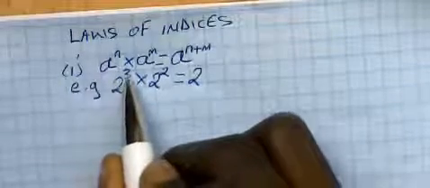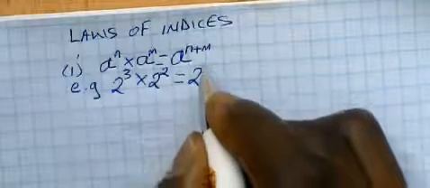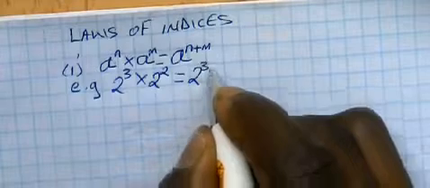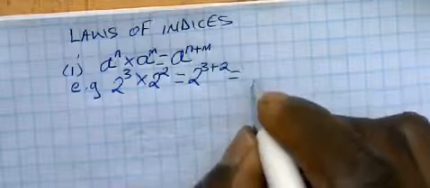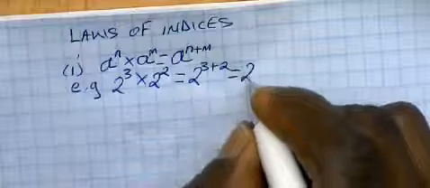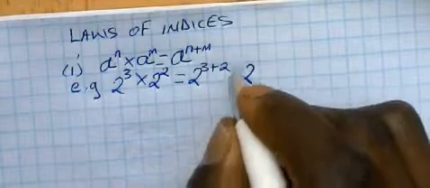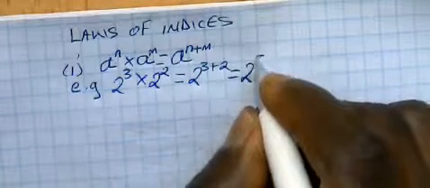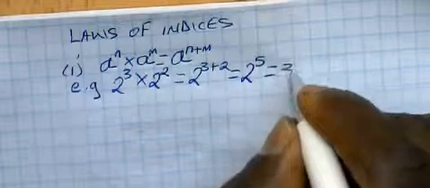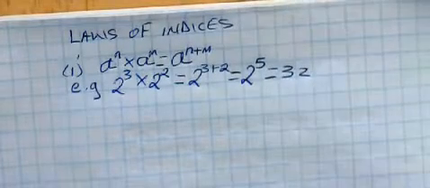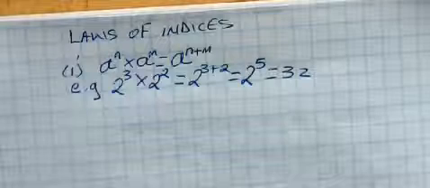These are the same, the bases, so you take one of them, 2, then you add the powers, 3 plus 2, which is the same as 2 to power 5. When you add 3 plus 2, you get 5, which is the same as 32. So you can use your calculator to verify that.